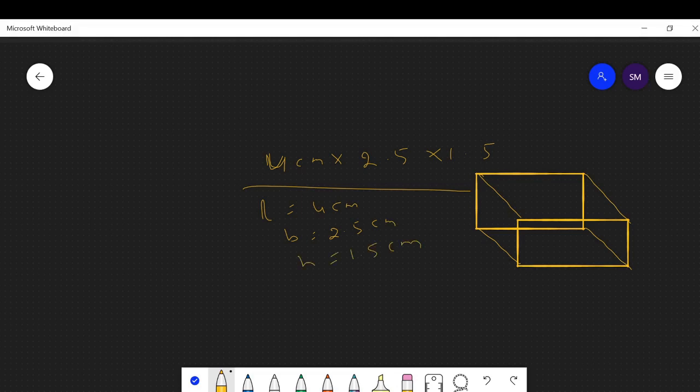Here at first try to understand the question properly. The question says a matchbox has this dimension and is packed in a box.